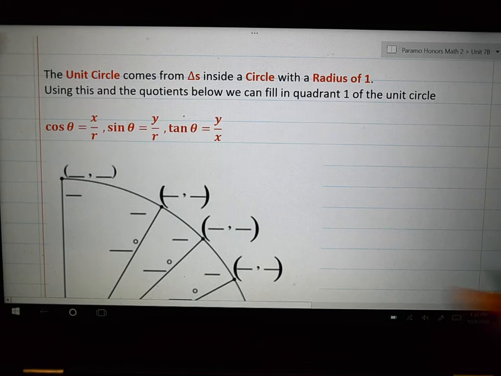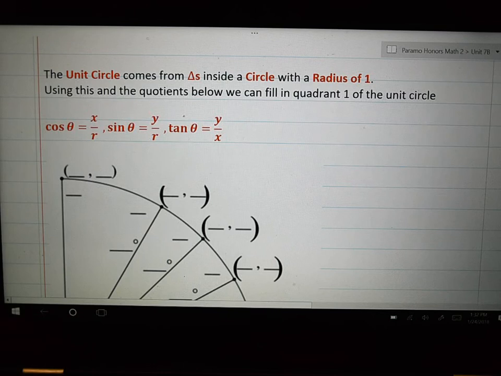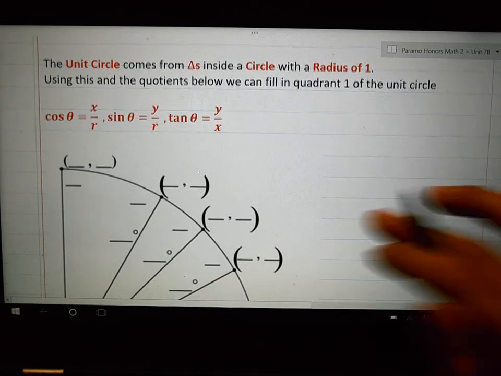That brings us to this whole unit circle thing. You guys, I'm not going to show you the whole unit circle. We'll get to the whole unit circle by the time we get to worksheet 5. But for right now, because we've done some of these trig functions with the triangles, it relates to part of the unit circle so you can see it.